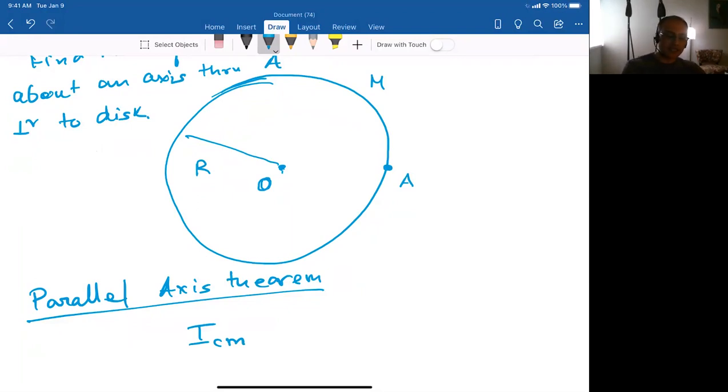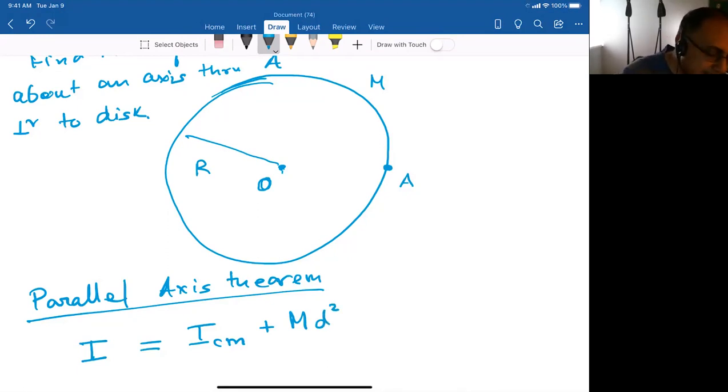Suppose you want to find the moment of inertia about some other axis, any random axis, which happens to be parallel to the center of mass axis, right? Then these two moments of inertia are connected by this simple equation. I is equal to I_CM plus a little correction, and that correction is the mass of the object multiplied by the distance between the two axes squared.